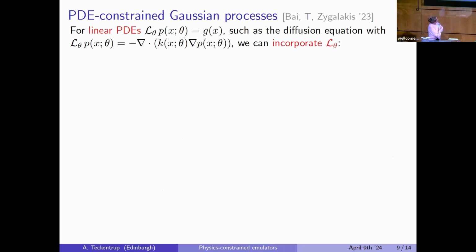So if you do want to incorporate a linear PDE, such as the equation that I showed you on the first slide, so the Darcy flow equation, you can write it in terms of this linear operator L, right? So I've just now denoted the left-hand side of the PDE by this differential operator L of theta.